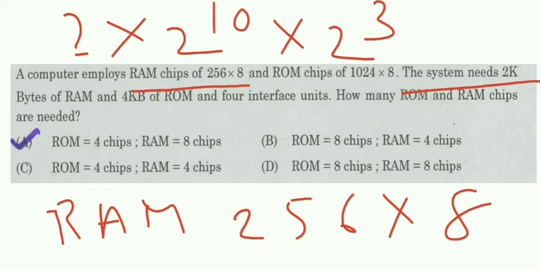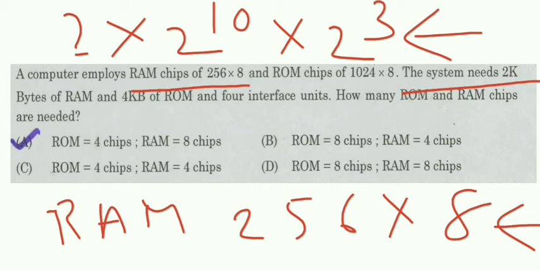This is the capacity of RAM. But what I have is 256 by 8. So how many 256 by 8 chips are required to get this size of RAM? That is our question.